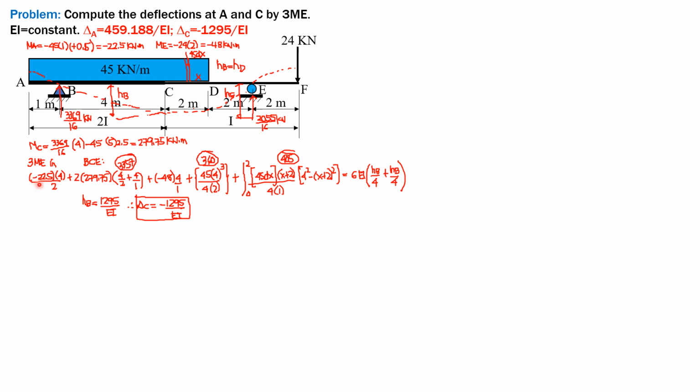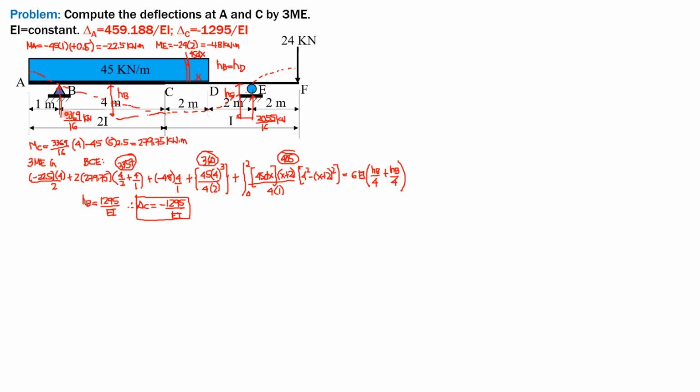And therefore, negative 22.5 times 4 over 2 plus 3357 minus 48 times 4 plus 360 plus 405 divided by 6. Then we divide further by 1/4 plus 1/4. You will get HB equals 1295 over EI. But HC or delta C is equal to the negative of HB.